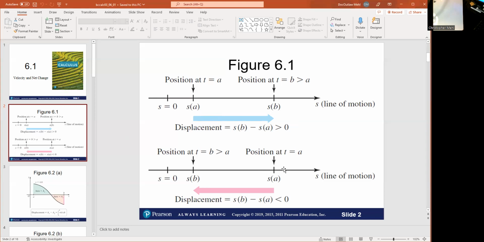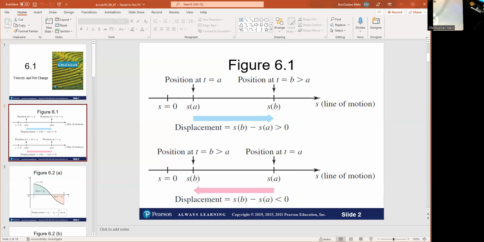If on the other hand, our position at time t equals a was, say, here, and our position at time t equals b, where b is greater than a, as before, is here, s of b less than s of a, then the displacement s of b minus s of a would be less than 0.